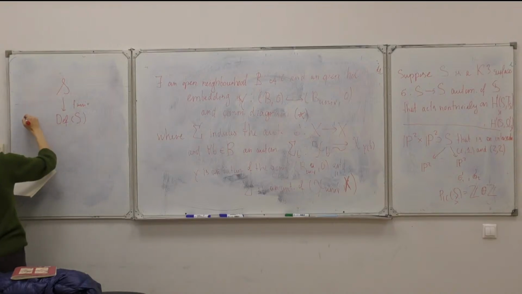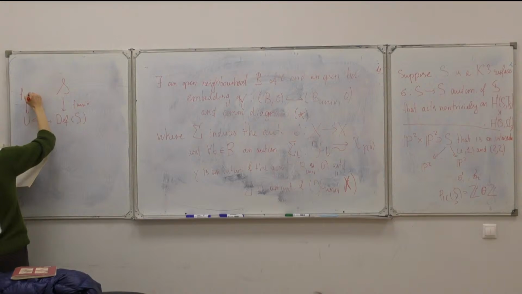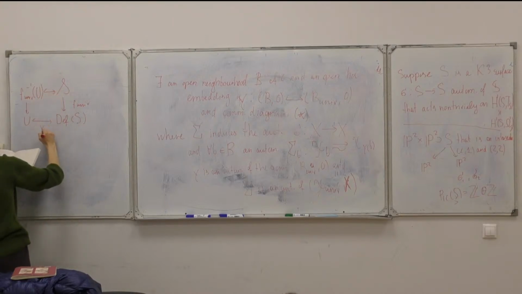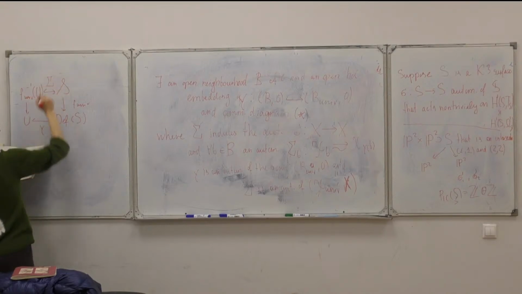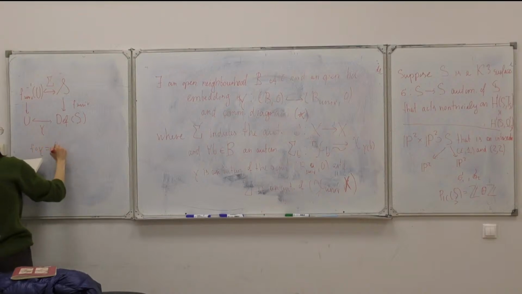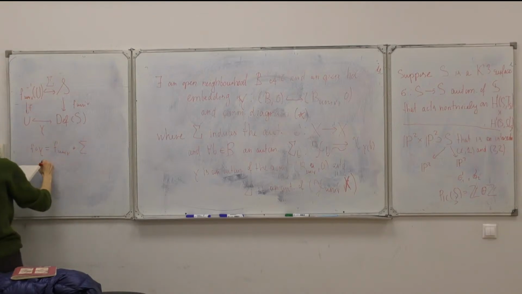And we have already discussed that there is an open holomorphic embedding and the corresponding local automorphisms sigma small and sigma big, such that the restriction of this automorphism is sigma.